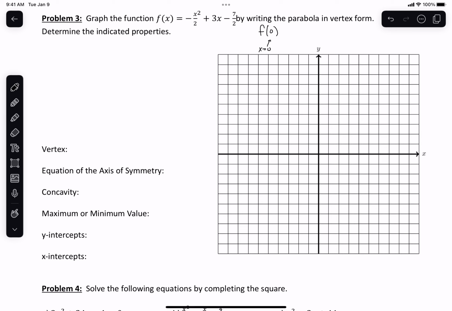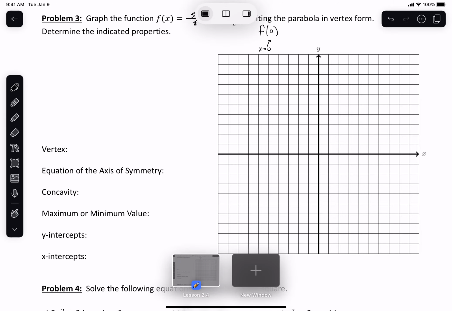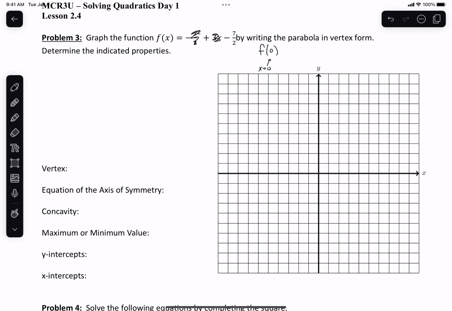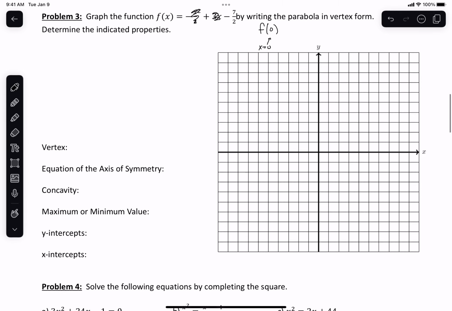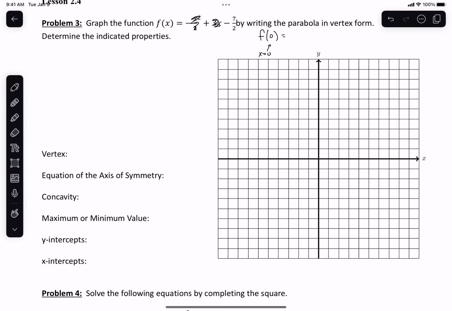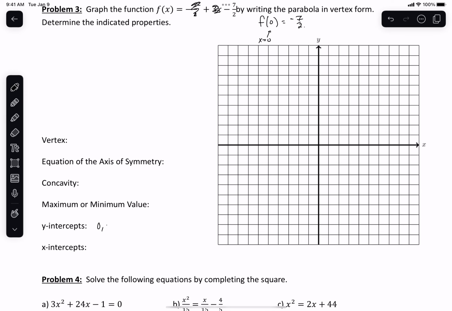If x is equal to 0, anywhere with an x is going to disappear. Okay, and so what are we left with? We're left with that negative 7 over 2, which is negative 3.5. Okay, so the y-intercept is going to be (0, negative 7/2), which we know as being (0, negative 3.5). So I can go right now, without having even started this question, and plot that point right there. That's a point on the graph.